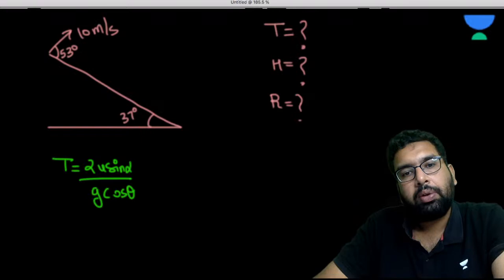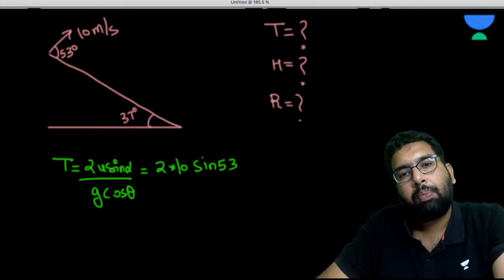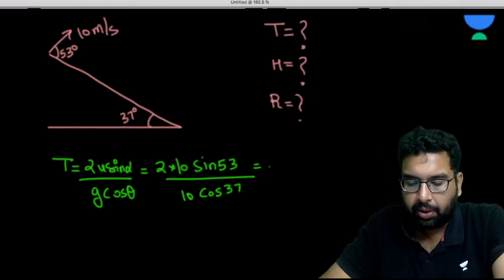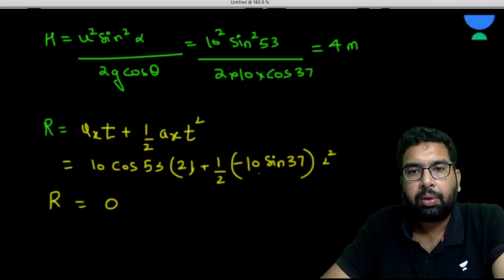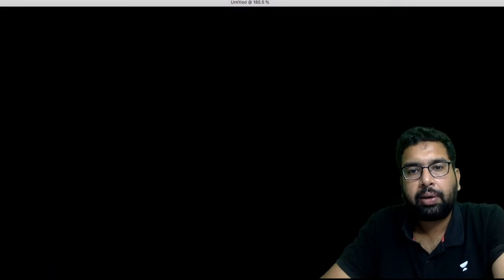So this is going to be 2 into 10 sine 53 upon g, that is 10 cos 37. When we solve it, we are getting 2 seconds.